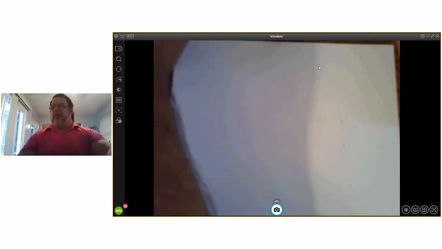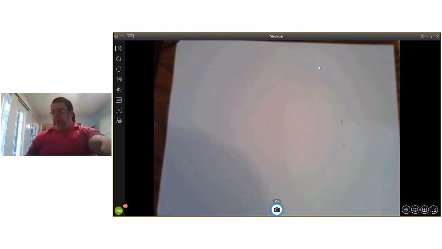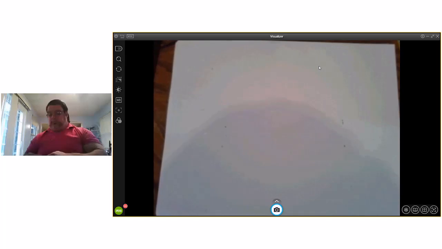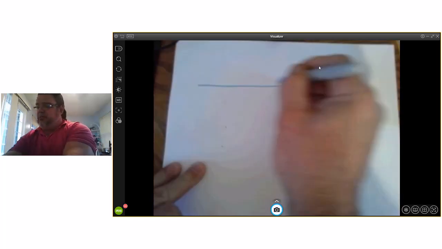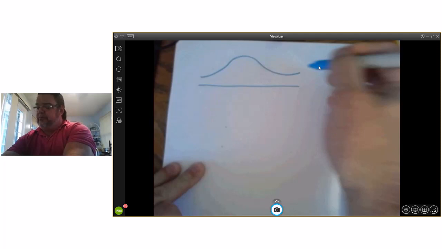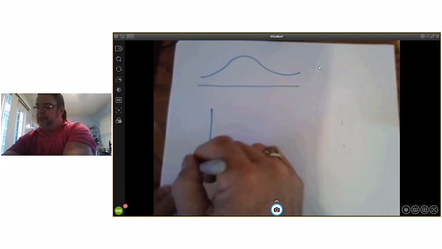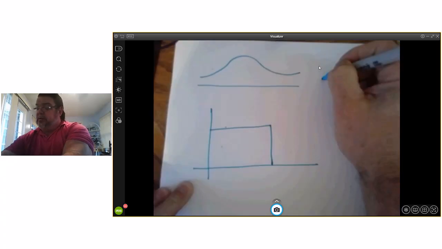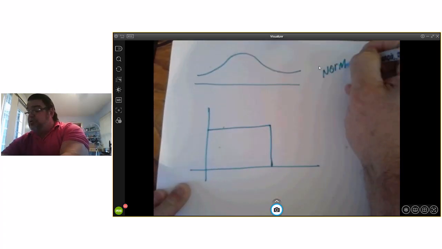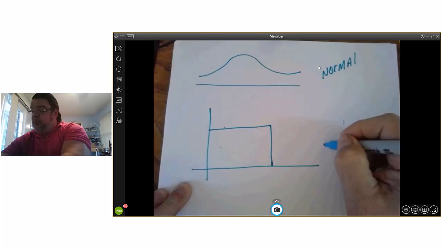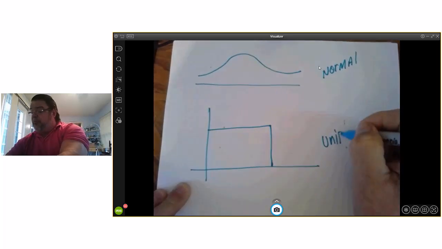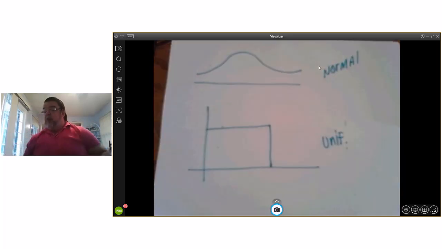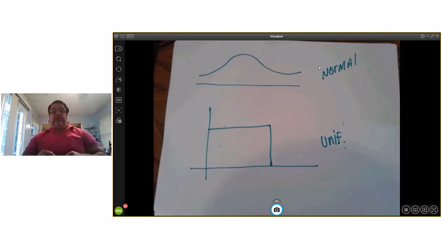All right. A normal, remember, a normal looks like this. Uniform looks like this. So this is a normal distribution, and this is uniform. Now you will have a couple of questions on the test from uniform. The rest of them will be normal.